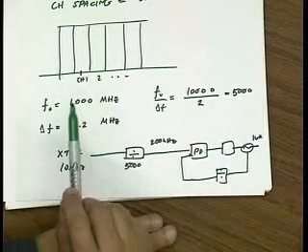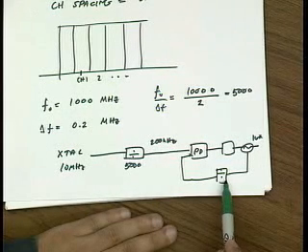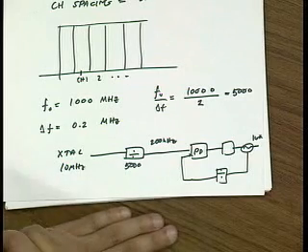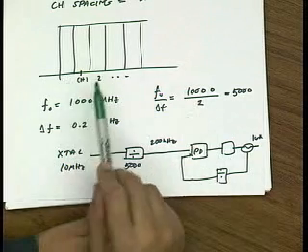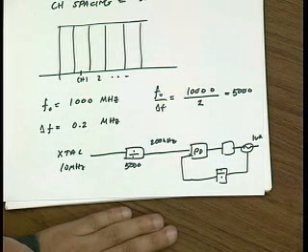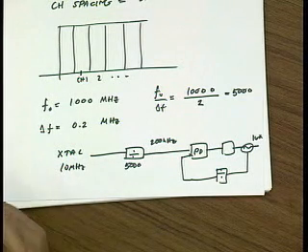Now if I want to change the channel from channel 1 to channel 2, all I have to do is change this division factor from 5,000 to 5,001, and then the output will jump to the next channel. Okay? So this is a very convenient way of synthesizing a frequency, and we'll continue with this discussion next lecture.